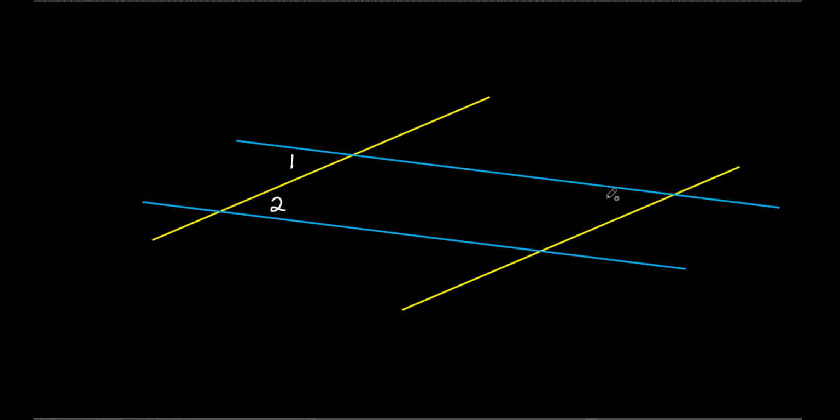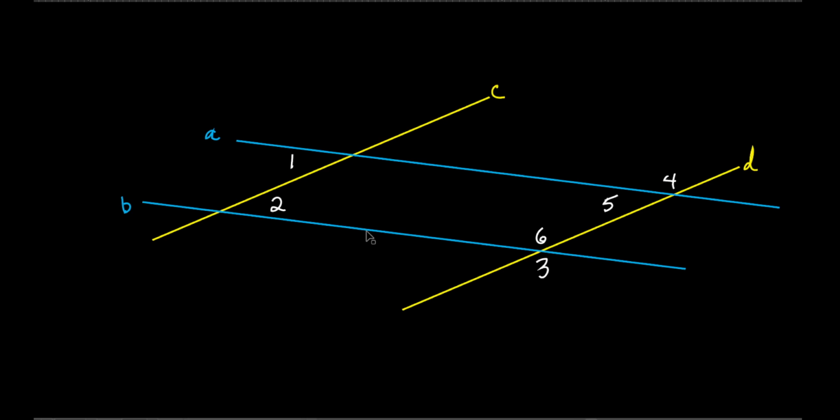Let's make this 5 and 6. Let's make this one 4 and 3. All right. And let's call the blue ones A and B. And let's put up here C and D. Okay, there we go. Everybody with me so far?